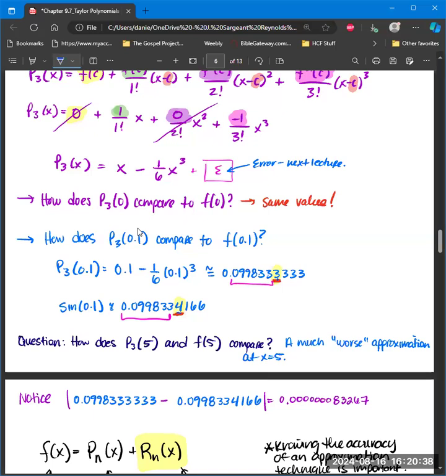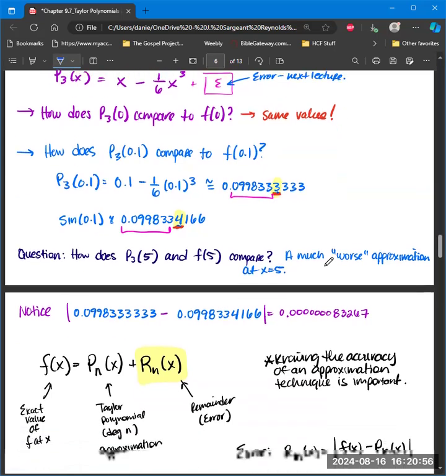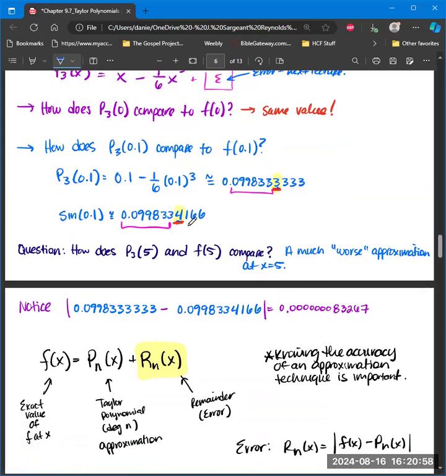Tenths, hundredths, thousandths, 10,000ths, 100,000ths, millionths, 10 millionths is where they start to disagree. We're usually not going all the way out to the 10 millionths. So if we were rounding anywhere within the first 5 or 6 decimal points, we'd be golden. So this polynomial would do a great job at approximating sine to that level of precision.